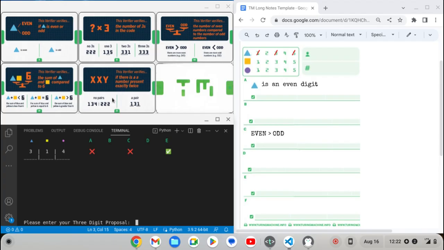So let's go ahead and type that up in our notes in section E, that the solution has no pairs. Okay, and since there are no pairs, that means that our 2 even digits are actually distinct, and that means that we have an odd in the mix as well. So let's go ahead and type that up here just as a reminder.